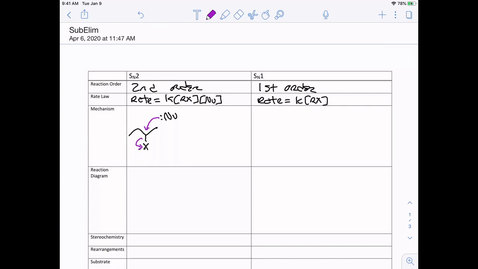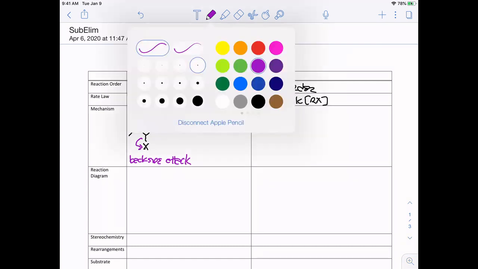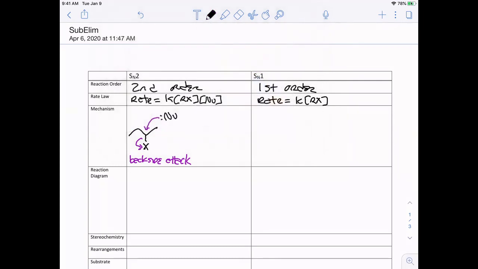And because of that, remember, we have to do that backside attack. They both can't come and go from the same side because those electron fields are going to run into each other, for lack of a better way of saying it. So when I draw my transition state, which I do want to see for this one, we need to make sure that the nucleophile and the leaving group are going to be completely on the opposite side of each other.